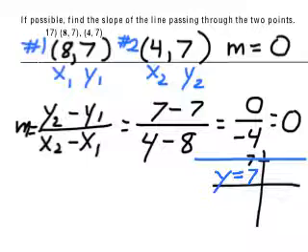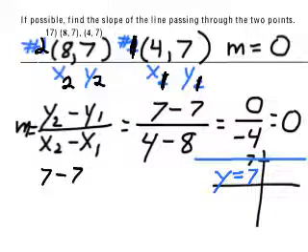Okay, so let's say we switched our points around, and we're going to make this one number 2 and this one number 1. So my y2 is now 7, and it's still 7 minus 7.